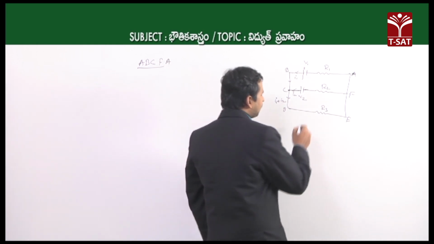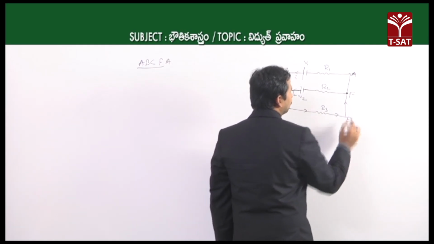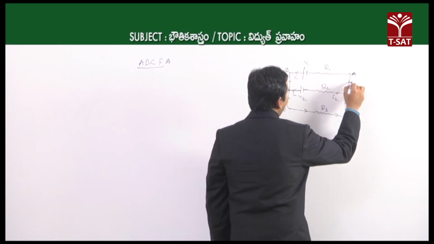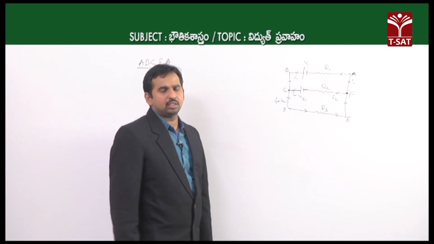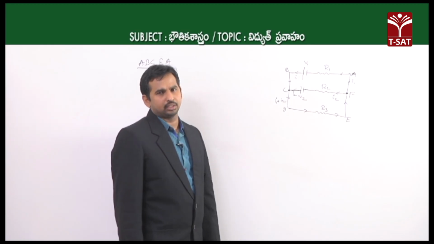And whenever it passes through this R3, it comes here at the junction point F. Again the current I2 is coming back and I1 is going up here. Like this we can get the current by using the first law, which is the junction law.